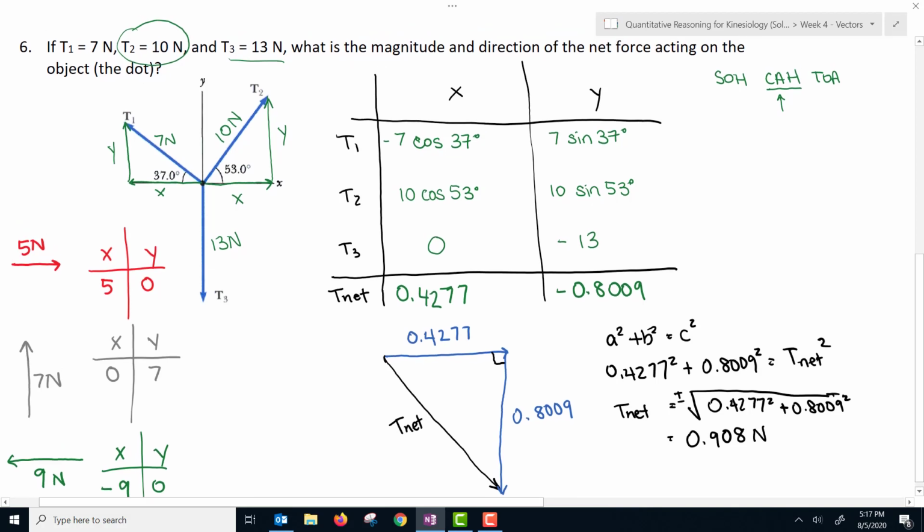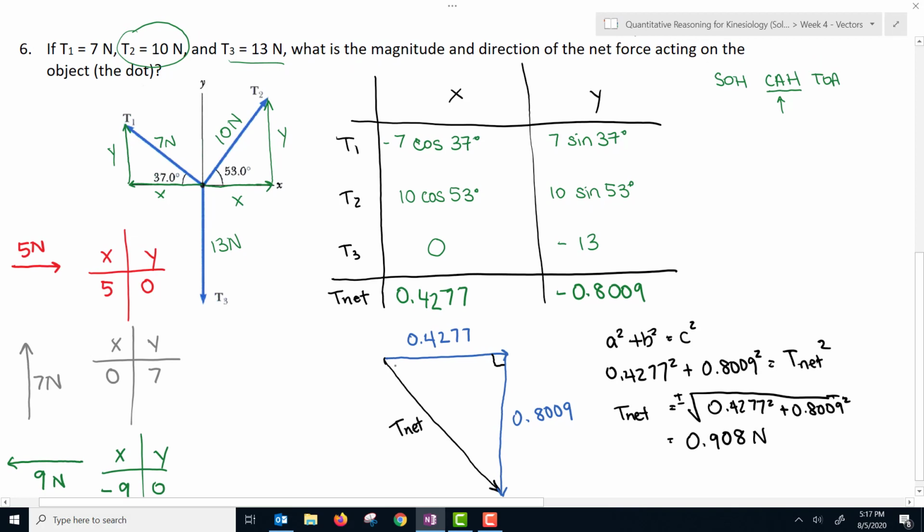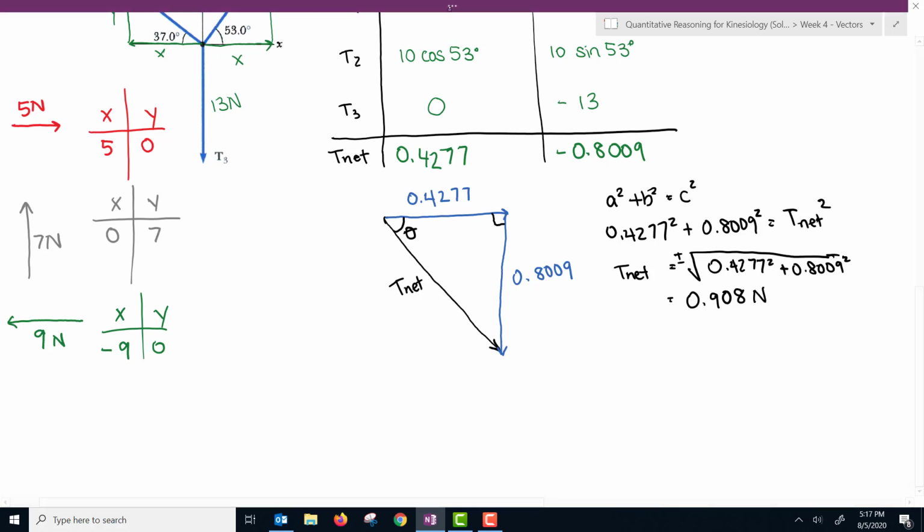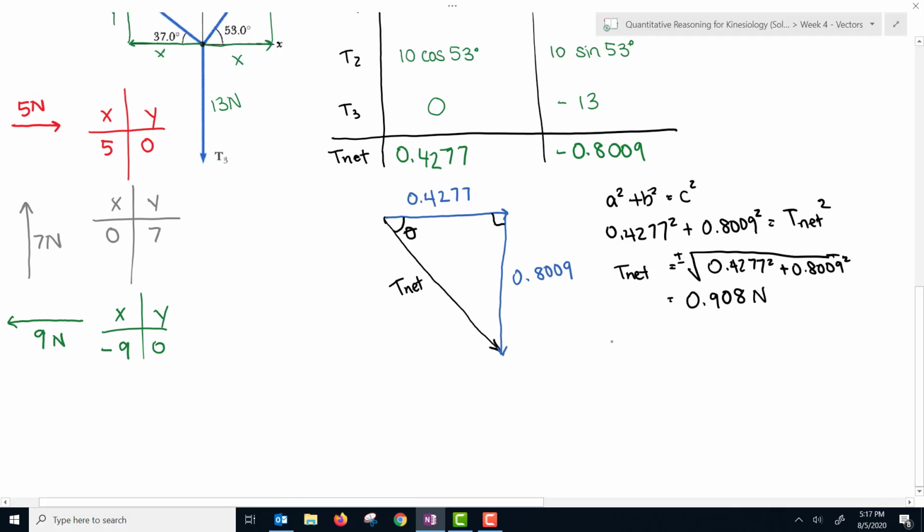I also want the direction. So for the direction, I'm going to have to find this angle right here. Always finding the angle from the beginning of the resultant vector. So I'm going to use tan theta. So I have tan of my angle, theta is what I'm looking for, equals opposite. This is my opposite side, 0.8009, over my adjacent side, 0.4277.